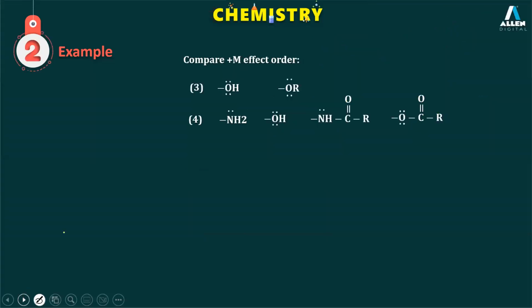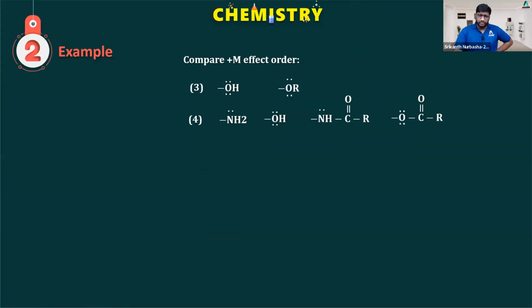Yes, understood. OH or OR, try to compare. OR or OH, which is more electronegative? I have explained earlier based on bond angle, right? Sir, but there were more than one bulky groups, right? Here it is OR2 plus, ROH system.